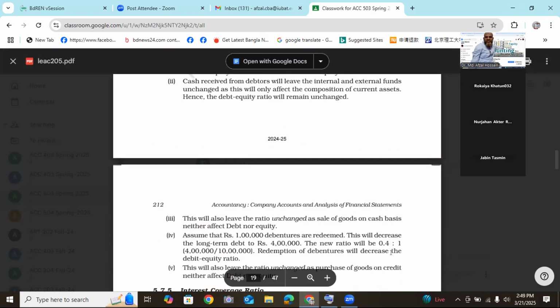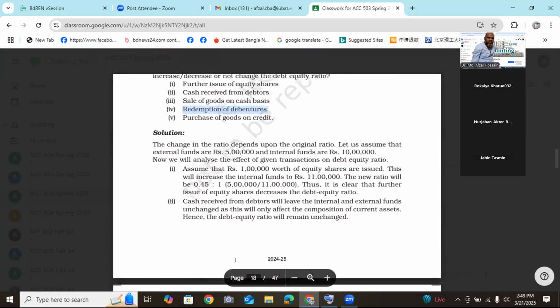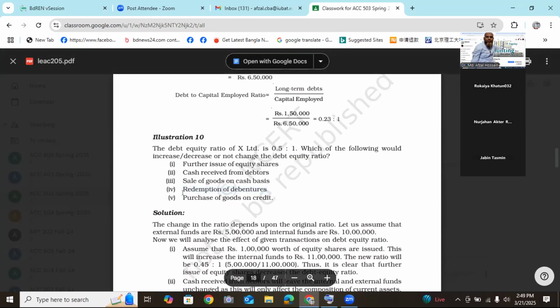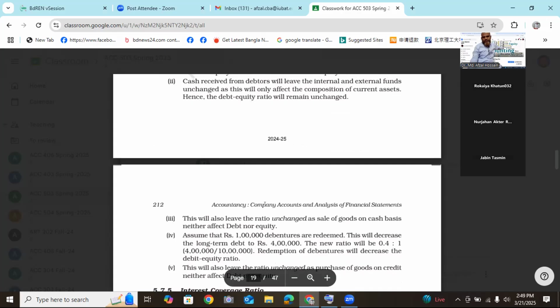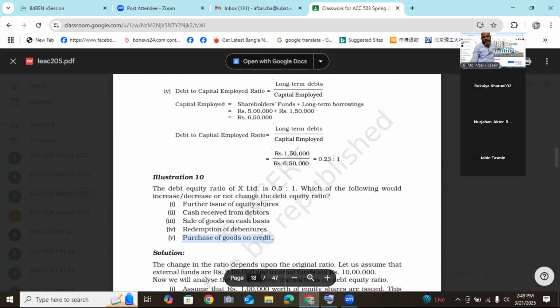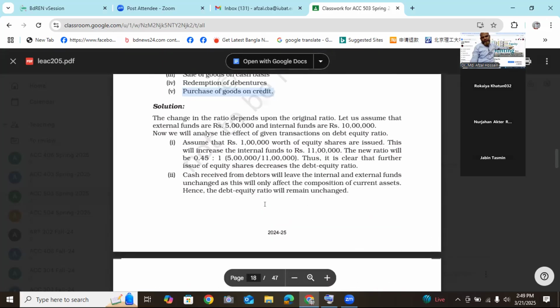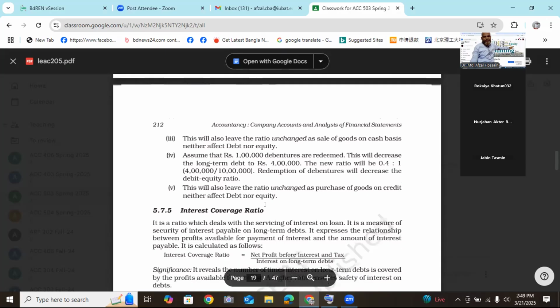So it will decrease the debt equity ratio. Number 5, purchase of goods on credit. Is there any effect on the debt to equity ratio? I think no change. Yes, sir, unchanged. Okay, that completes question number 10.